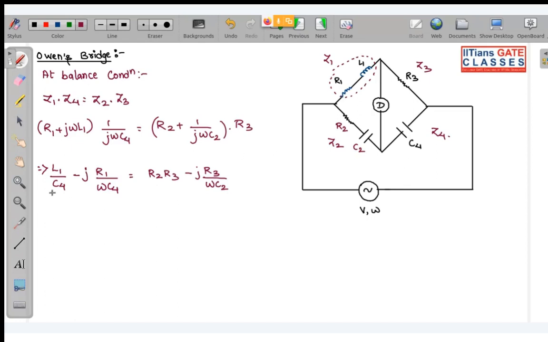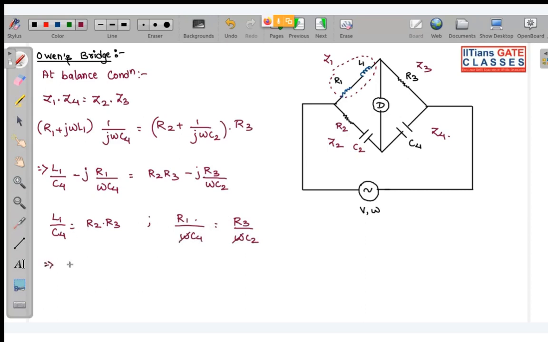Now equating the real and imaginary parts, L1 by C4 is equal to R2 into R3, and R1 by omega C4 is equal to R3 by omega C2. So omega and omega cancel.